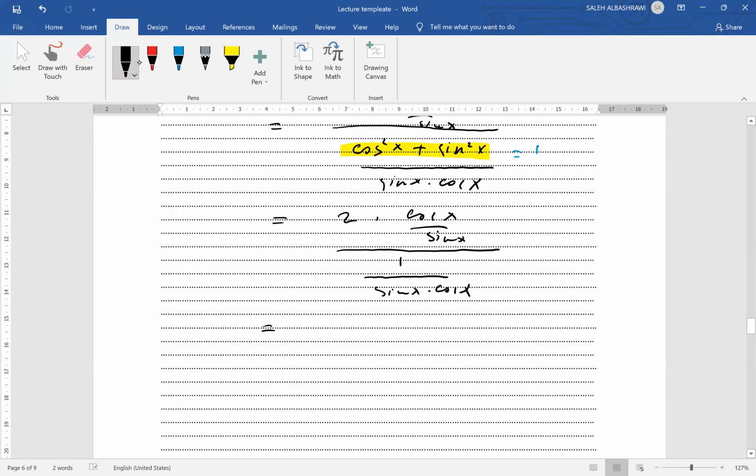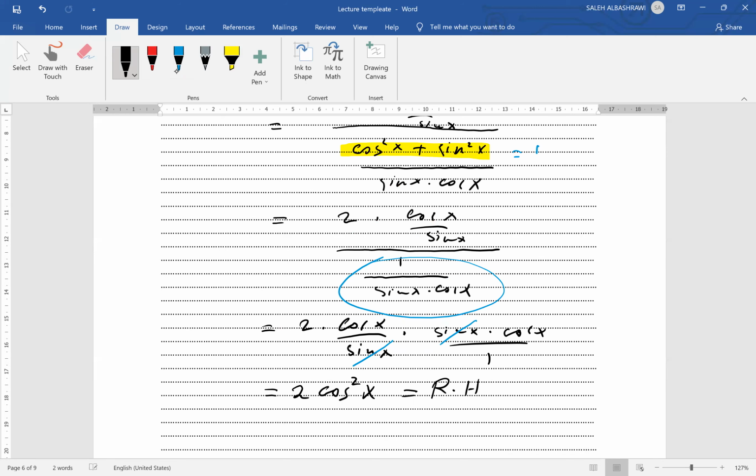And this can be written as 2 multiplied by cosine x over sine x multiplied by the reciprocal of this denominator. So it will be sine x multiplied by cosine x divided by 1. I can cancel sine with sine, and 2 cosine multiplied by cosine will give me 2 cosine square. And this is the right hand side. It is done. Verified.